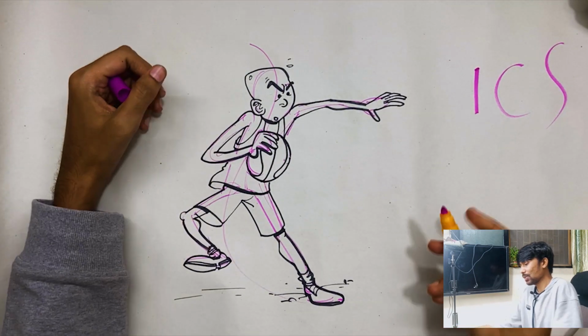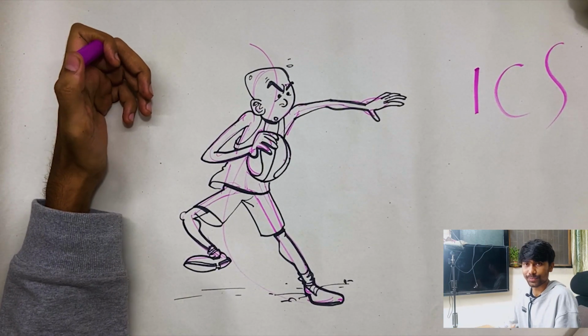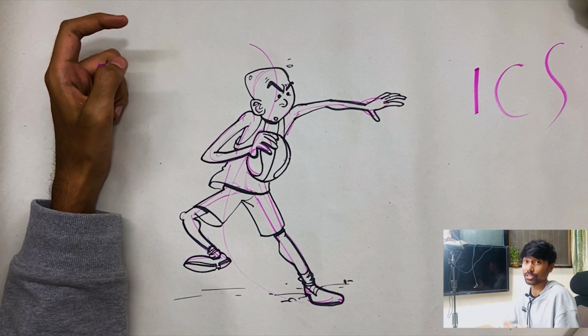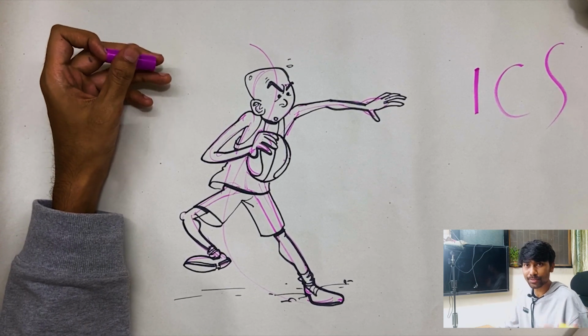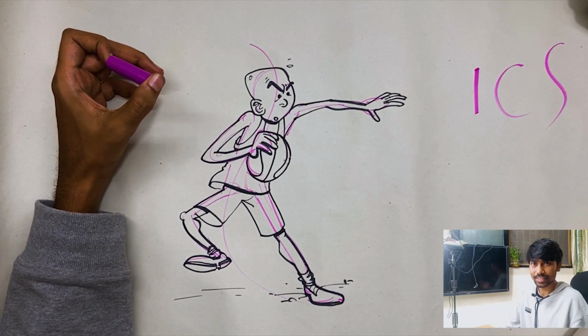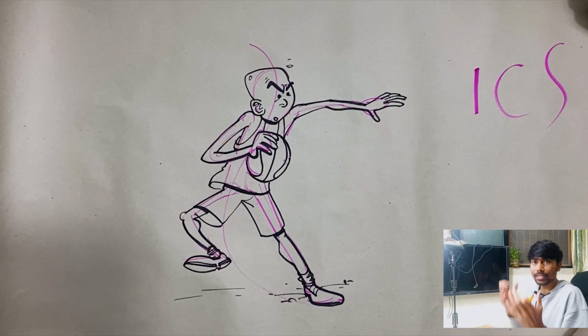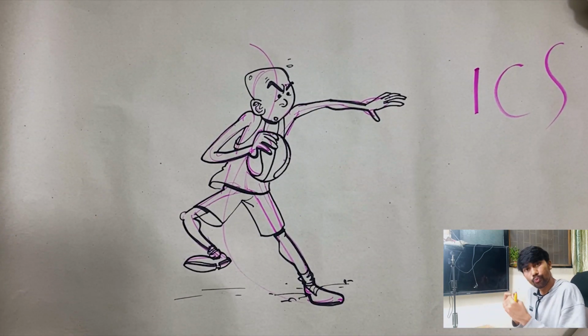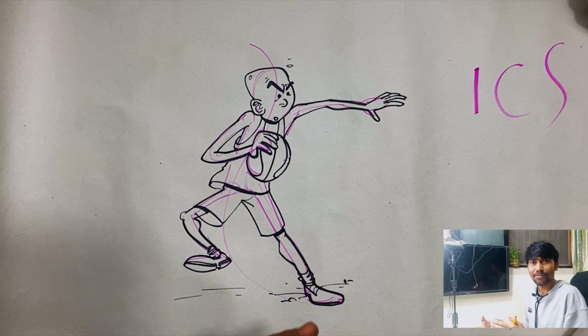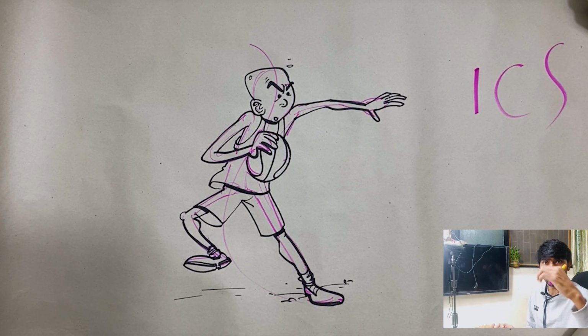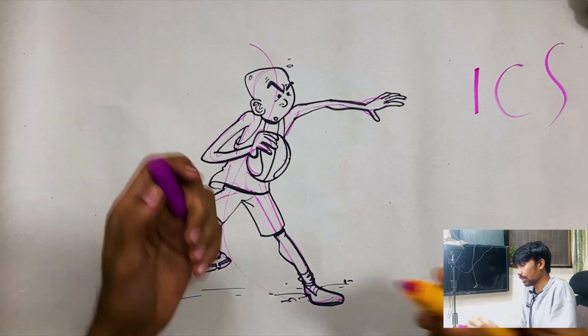So always try to have curves in your gestures, curves in the arrangements of the elements in your space, because when 2 to 3 elements are arranged together by the principle of proximity, they create a line, a flow. For example, I'll show you.